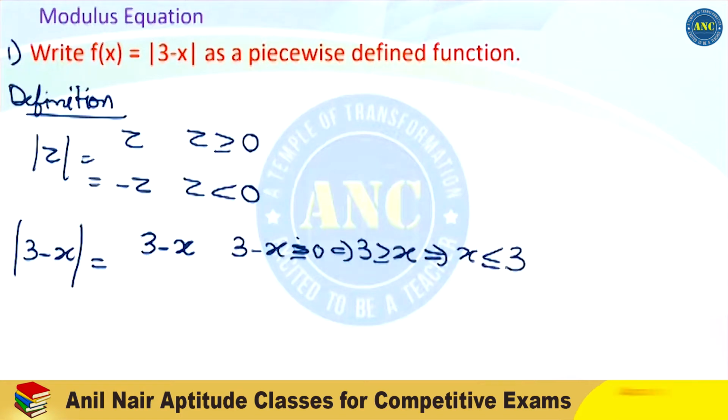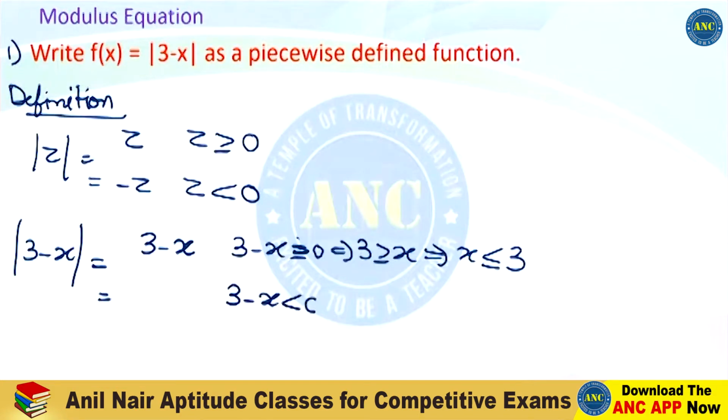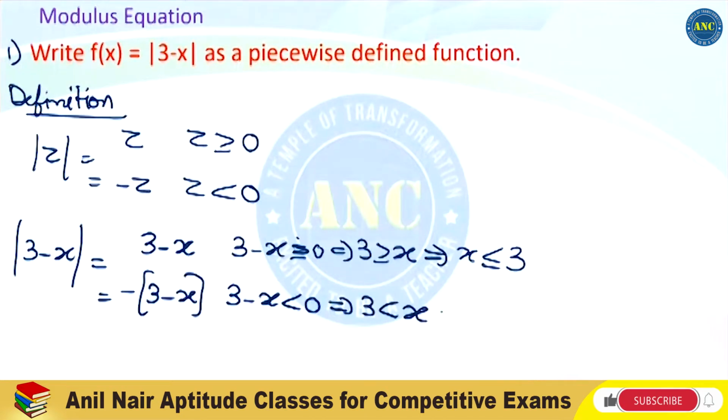If x is less than or equal to 3, then the modulus function's value will be 3 minus x. If 3 minus x is less than 0, this will be minus of 3 minus x. That is nothing but 3 less than x, that is x greater than 3, and the value is x minus 3.